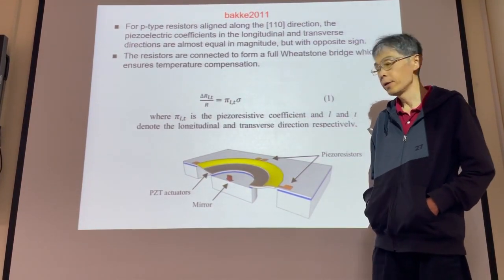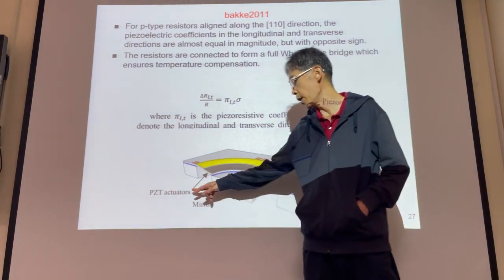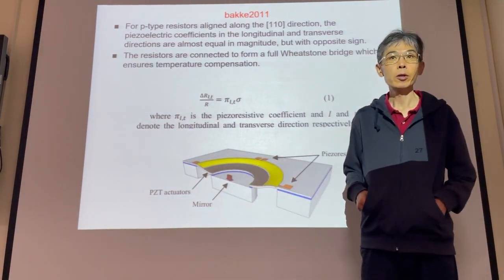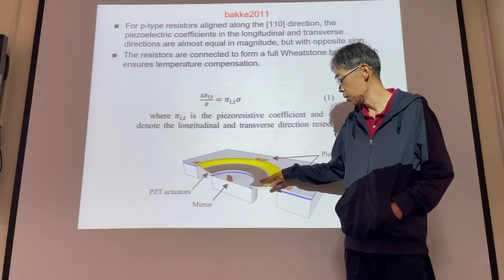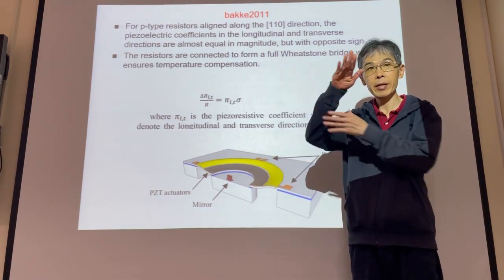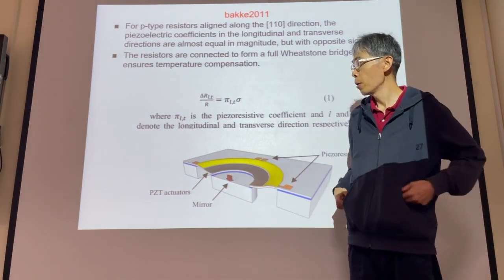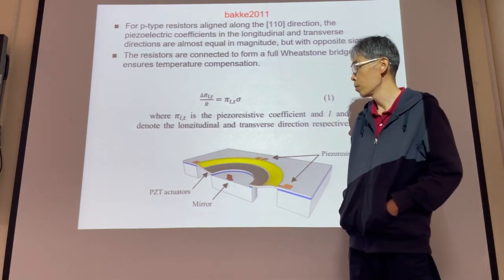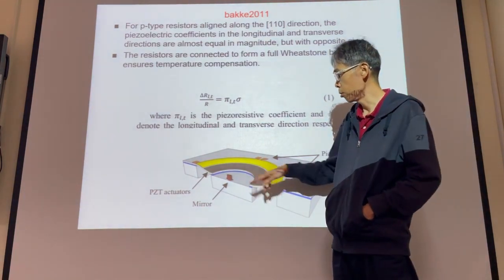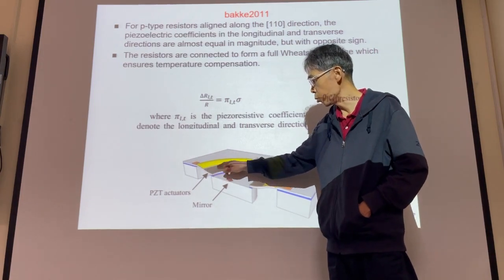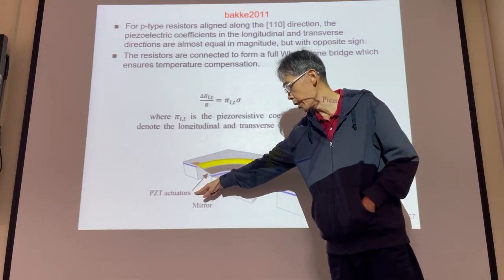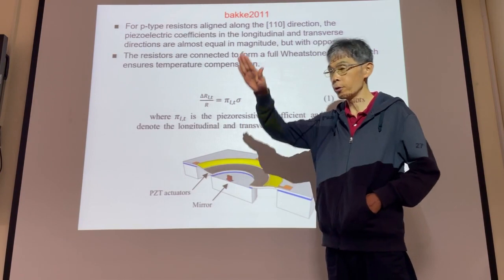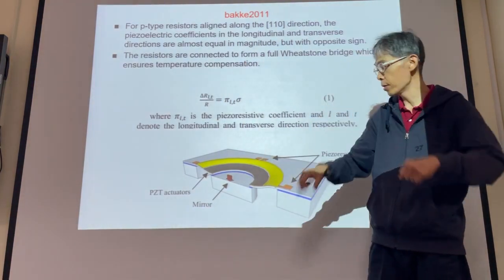Then PZT actuators. We supply voltage. It will bend. So you just imagine, if you supply voltage to the PZT actuator, this one will bend.